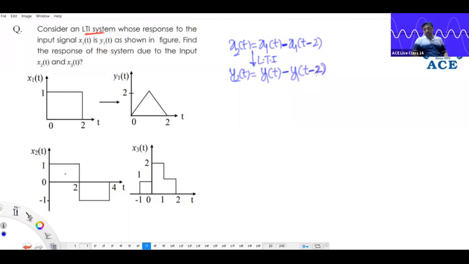Whatever happens to the input, the same thing happens to the output. Try to express the relation between input signals, and we get the relation between output signals. So this is y1 of t, y1 of t minus 2.